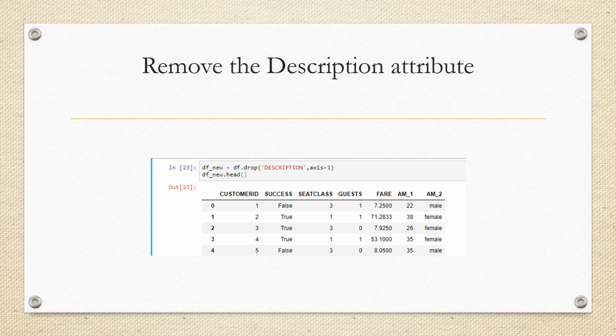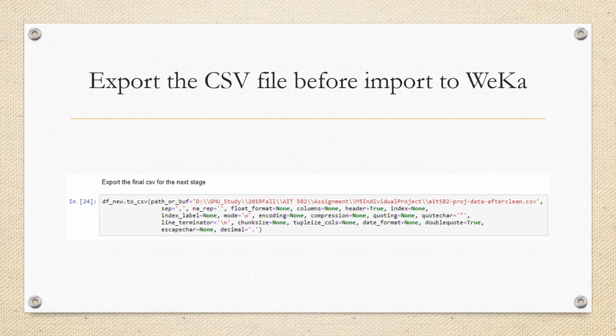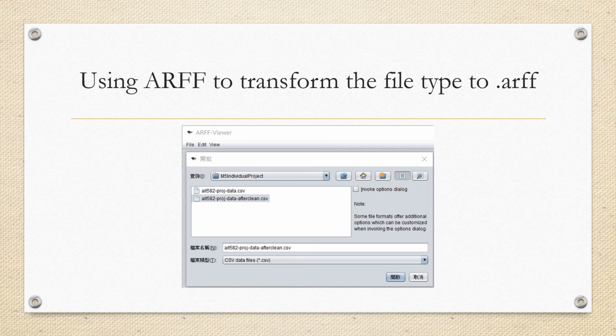Before we do predictive analysis, we remove the description attribute because it is difficult to put into the analysis. And then I export the CSV file before importing to Weka. This step uses the Weka ARFF function to transform the CSV file to .arff.